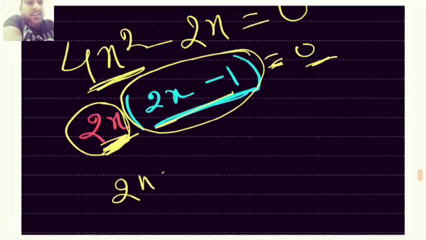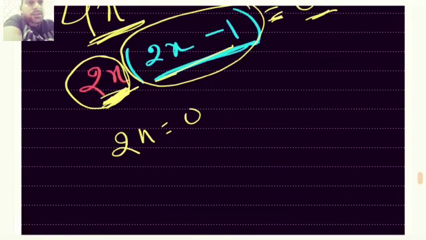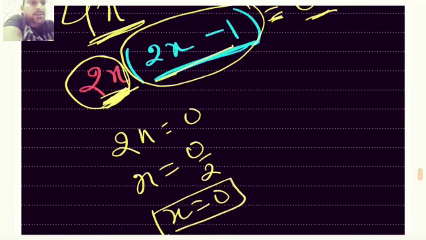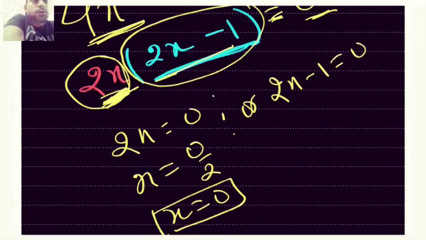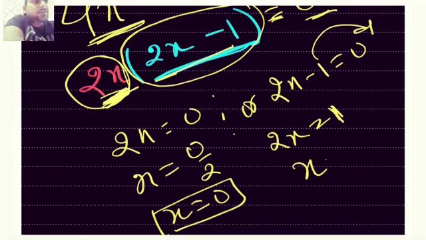So if 2x is equal to 0, then x is equal to 0 by 2, or you can simply say x is equal to 0. So one answer is x is equal to 0, right? Or 2x minus 1 is equal to 0, then 2x is equal to 1. Why? Because when this 1 goes to that side, it becomes plus, then x will be equal to 1 by 2. Is it clear?